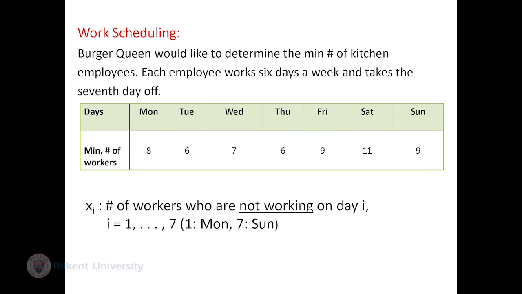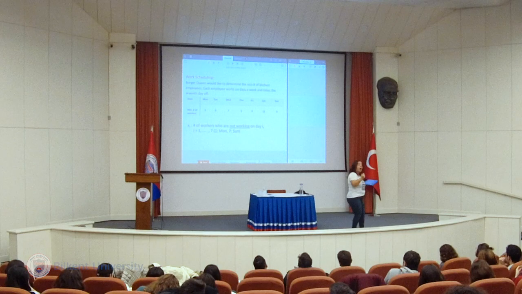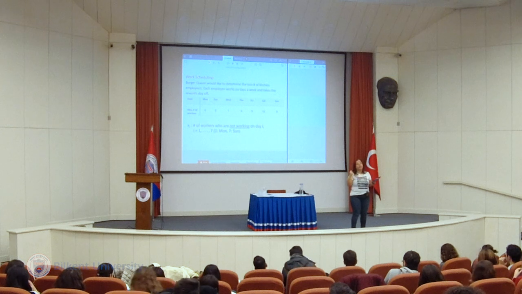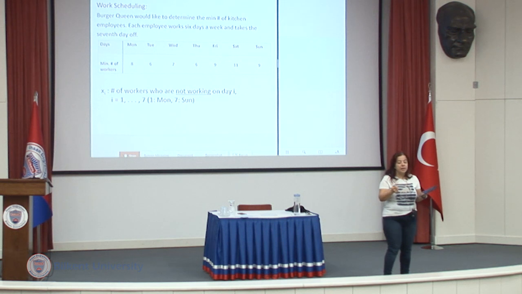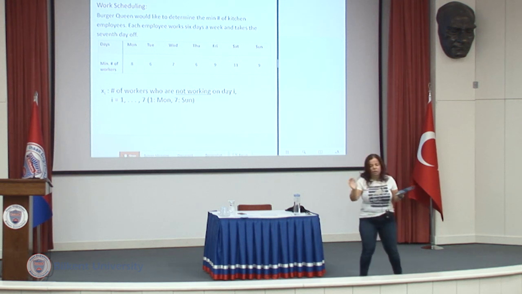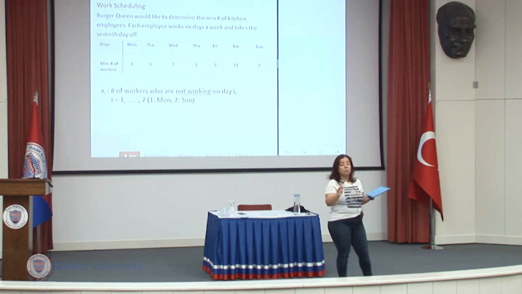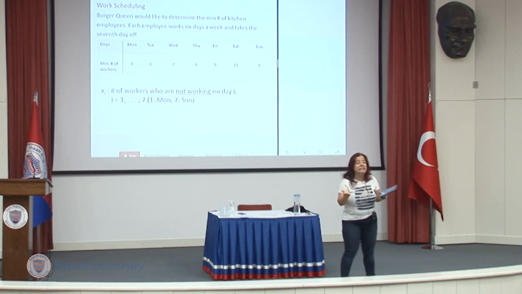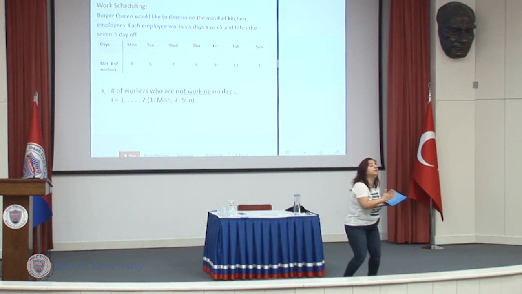So I'm trying to give you why we should be more careful in defining the variables in this domain. Yeah? Because the immediate variable would say, okay, number of workers working on the day. No. In that case, because number of workers working on Wednesday, I don't know if it is the 5th day, 4th day. It requires a lot more additional variables.